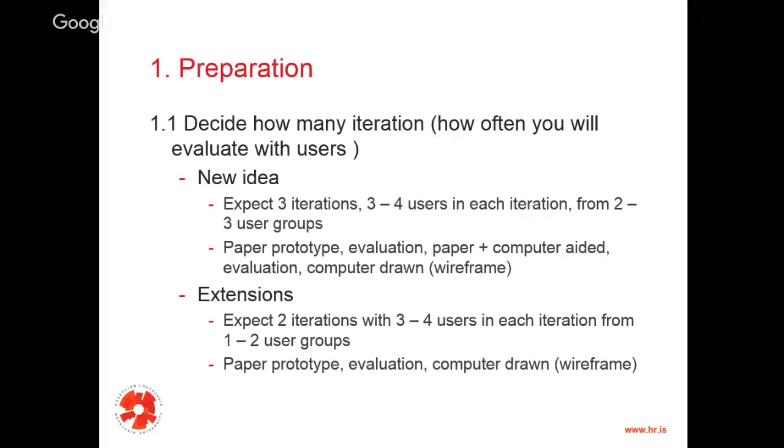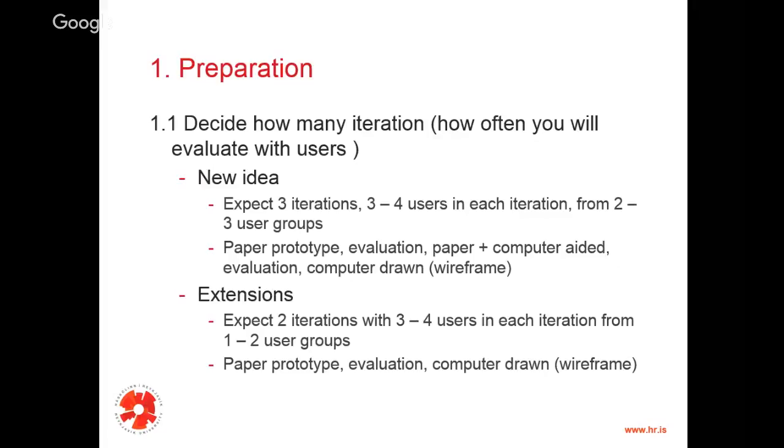So if there are some things in the design you think, oh, I don't really know if this fits more this, you could make it into post-it so you could switch easily during the evaluation. And then after that evaluation, you could do a computer drawn, total wireframe, and then iterate again. And after that, you could start to add some colors to make it more detailed.